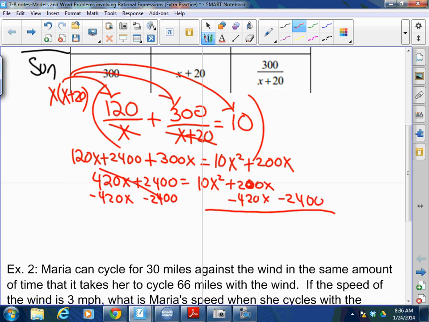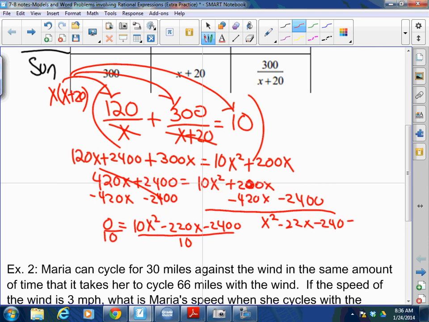That cancels, so I've got 0 equals 10x squared minus 220x minus 2400. Divide both sides by 10. That's going to give me x squared minus 22x minus 240 equals 0.